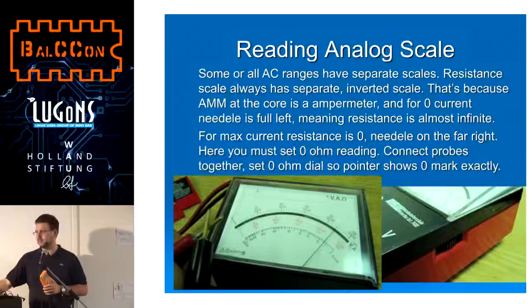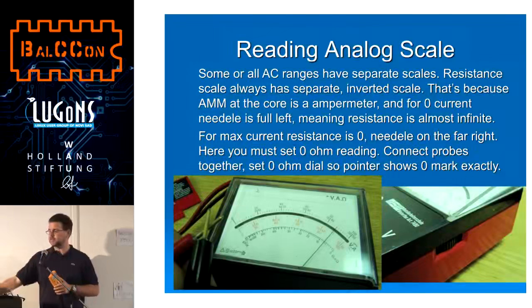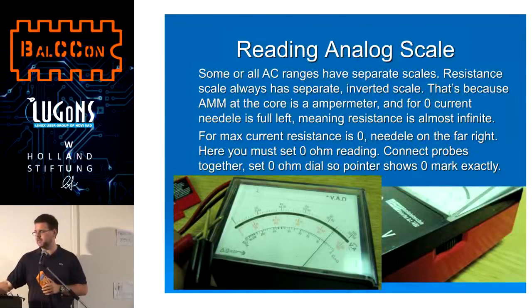AC has a separate scale, the red one. And resistance is another separate scale, and it goes in reverse. On the left, it's not zero, it's rather infinity, and on the far right, it's 0 ohms.